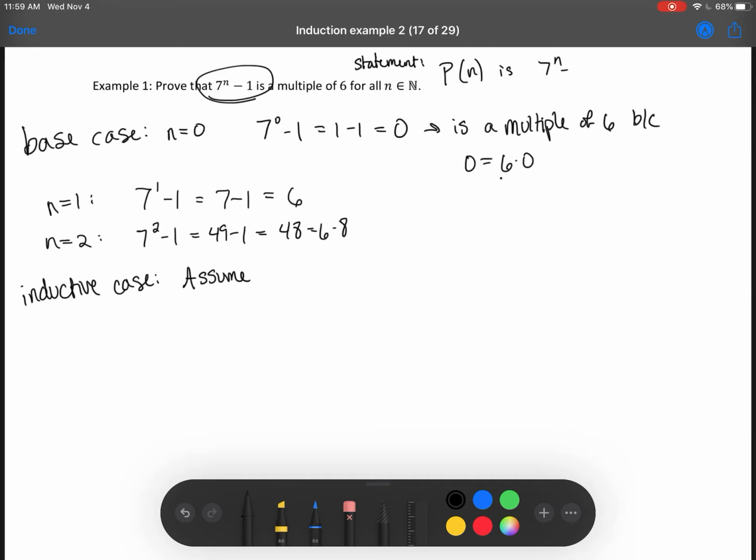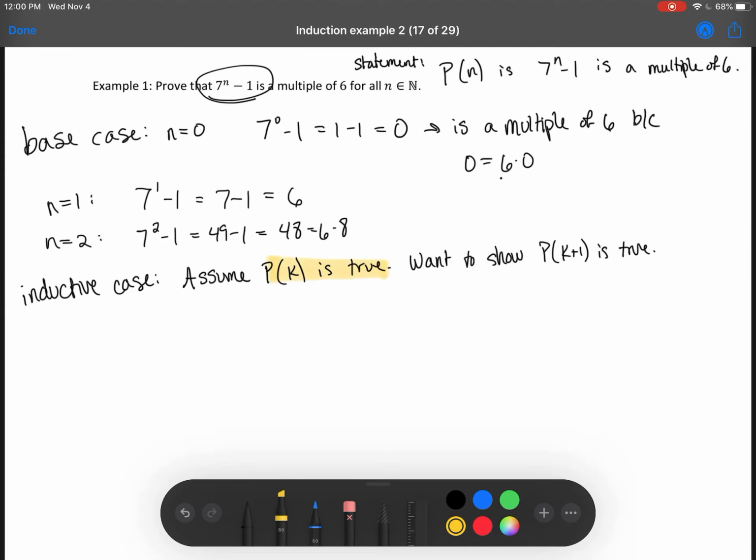P of n is that 7 to the power n minus 1 is a multiple of 6, or in other words, is divisible by 6. So we get to assume that p of k is true for our inductive case, and then we want to show that p of k plus 1 is also true.